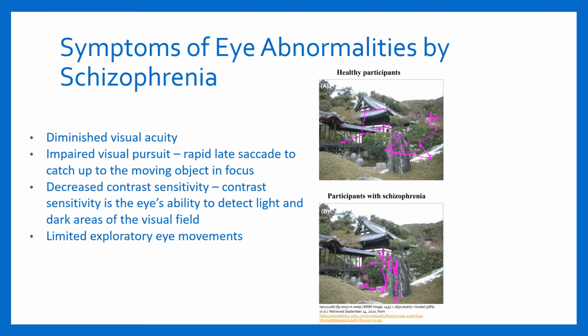The eye could not track the object that was moving, because it kept slowing down, but the brain orders the eye to keep up to that target, so the eye adjusts with a rapid late saccade to catch up to the moving object in focus. So these are some of the eye movement abnormalities that could be very interesting for future research.